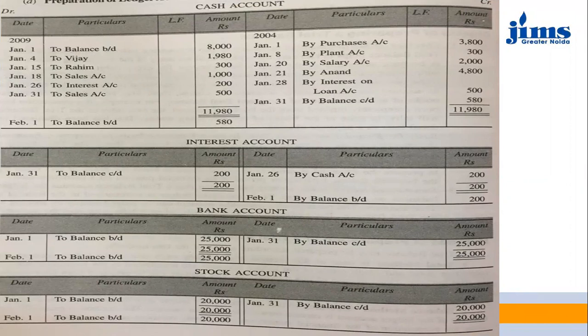How this to balance brought down comes, I will tell you once we are done with the cash account, and it will be more clear. For now, just understand that whatever is the opening balance, we have transferred it under to balance brought down, 8,000 rupees. This is the first journal entry of cash account that we have posted in the cash account, right?